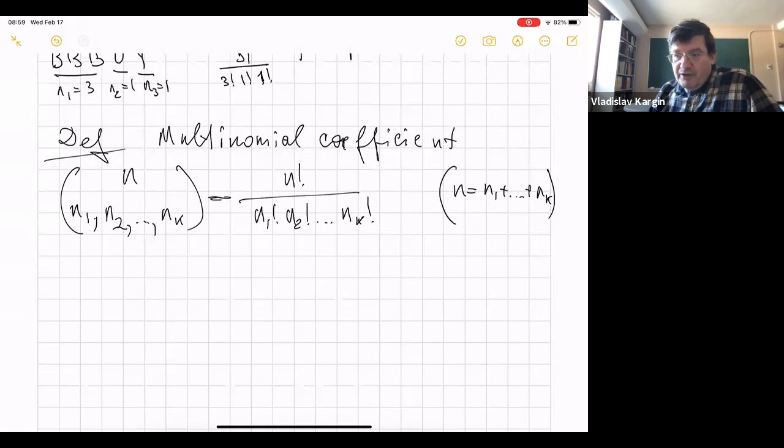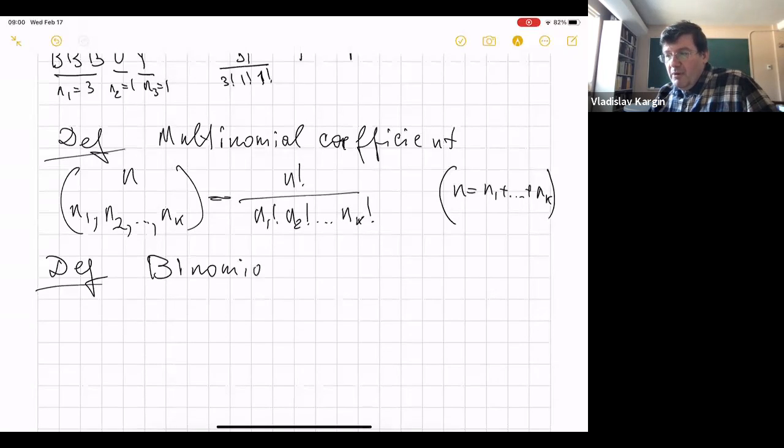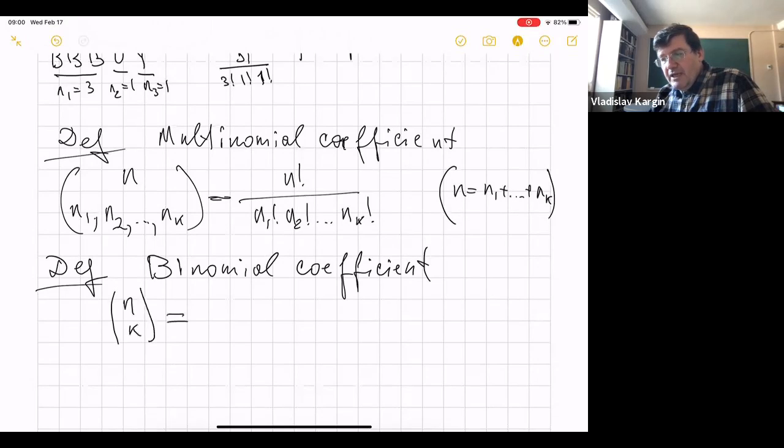One of the important cases is the binomial coefficient, and it has a slightly different notation because it's very popular. It is denoted n choose k, and by definition it's the same as n, k, n minus k.